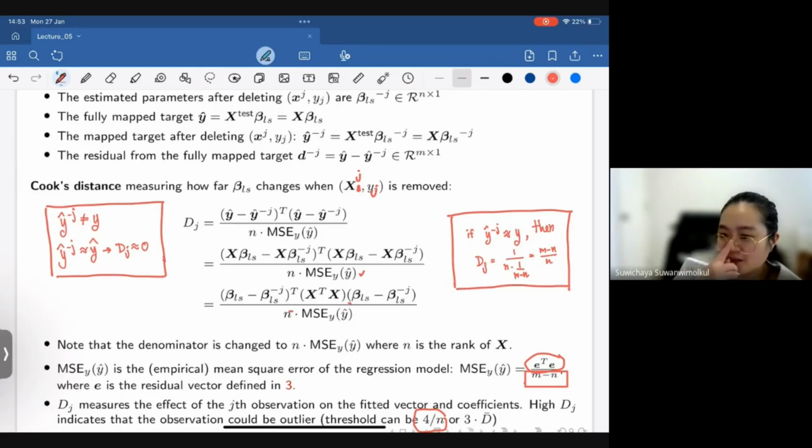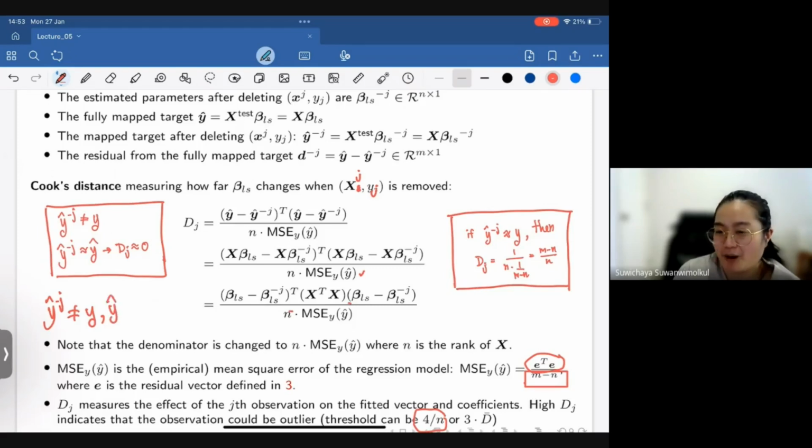But I guess that many of you will have this weird question or maybe some kind of weird thought. What if after I remove that j sample I get a y hat j that is not equal to anyone, not equal to y or y hat?